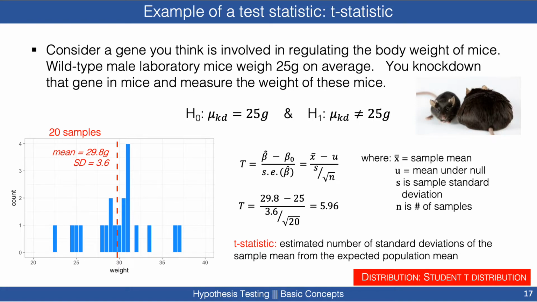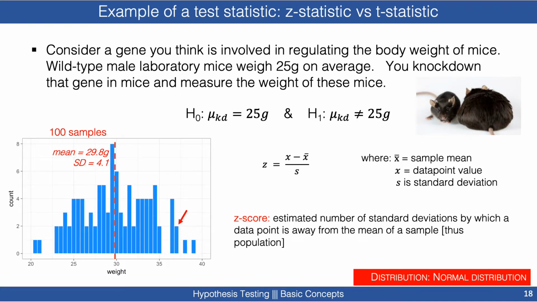So in our case, if you just plug in the numbers and you have a measured mean of 29.8, then the t-statistic for that sample will be around 5.96. And we'll see in a little bit how we estimate how rare or how non-explainable by the null hypothesis this value is.